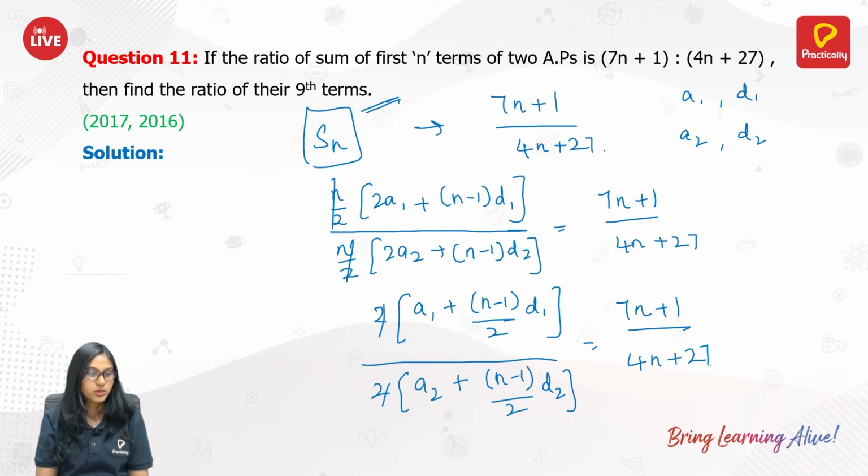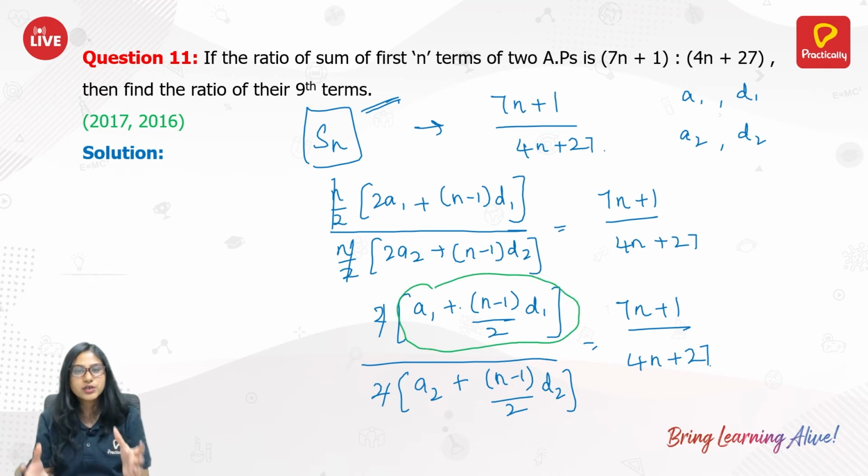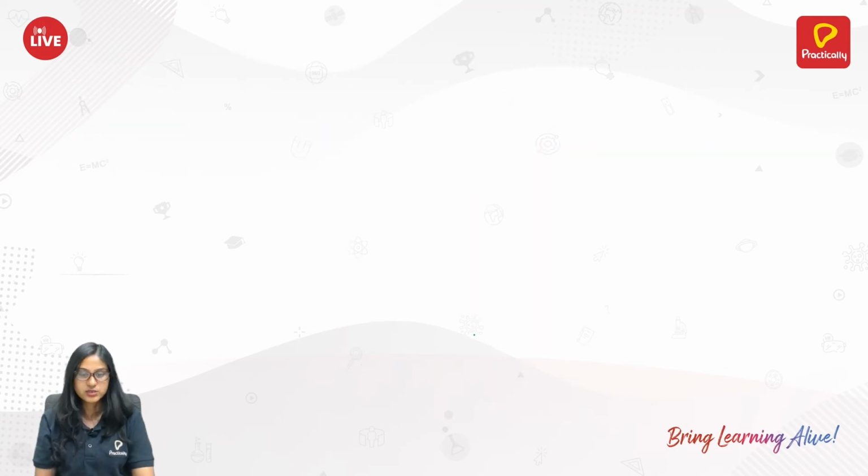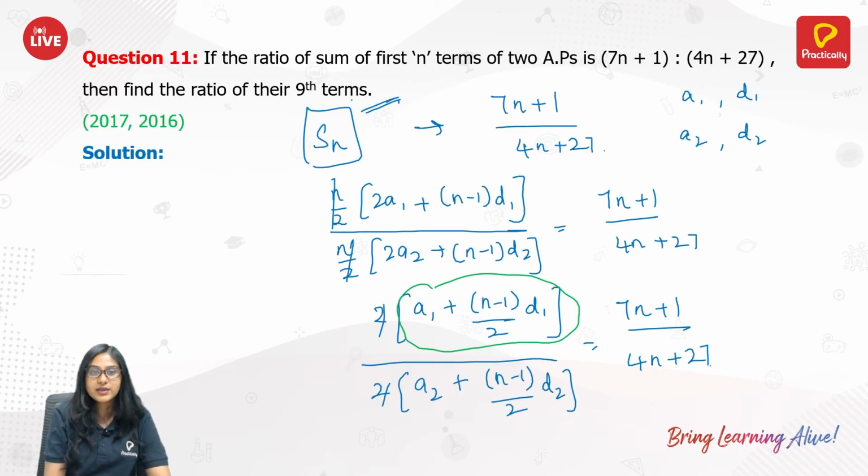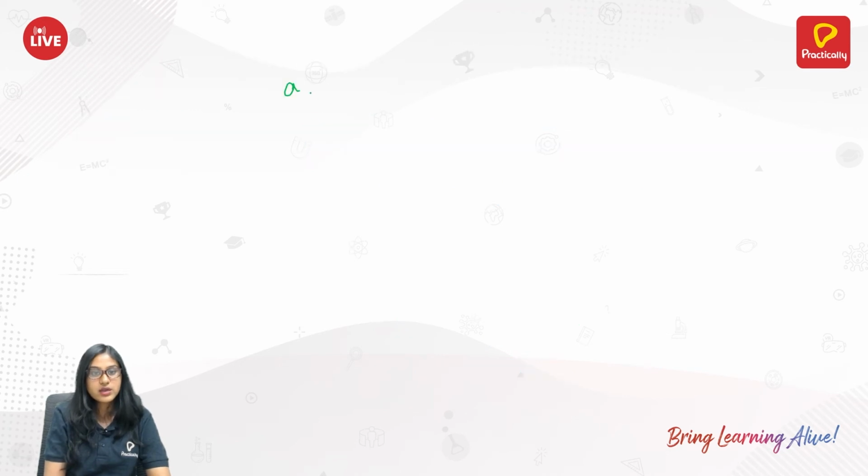Is this of the form A plus n minus 1 into D, except that this is n minus 1 by 2? Correct. So, we know that A9 we have to find. A9 equals A plus 8D. Of course, nth term, An equals A plus n minus 1 into D. So, A9 equals A plus 9 minus 1, 8D.